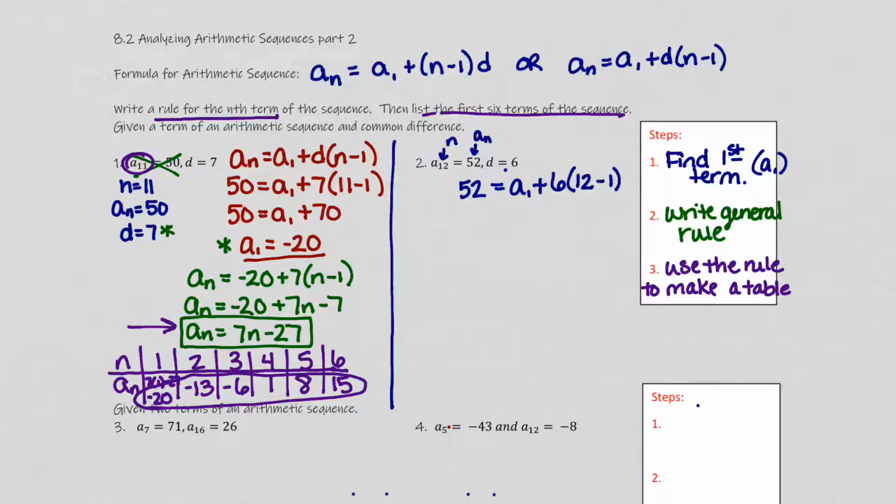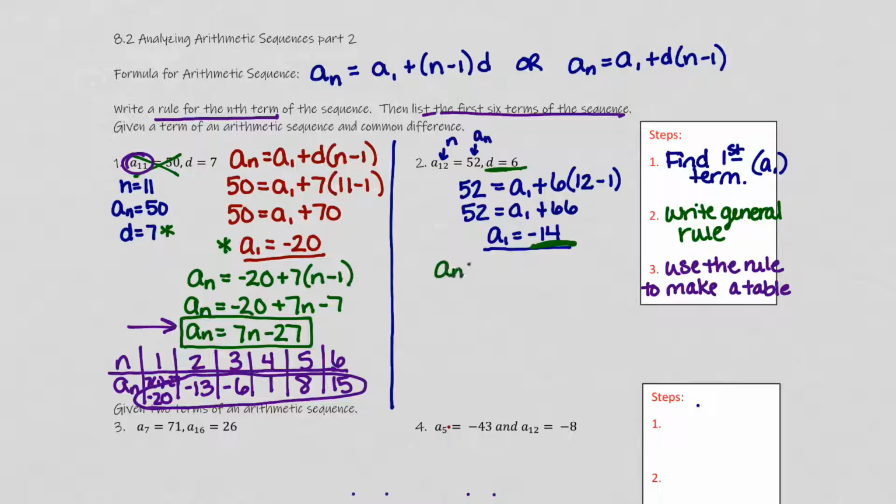Okay, 12 minus 1 is 11, times 6 is 66. We subtract 66 from both sides, and we get that a1 is going to equal negative 14. So that was step 1, find the first term. To write the general rule, you need a1, and we need d.